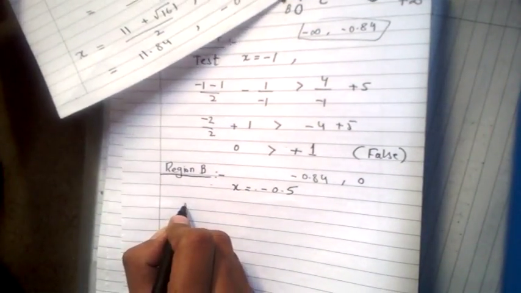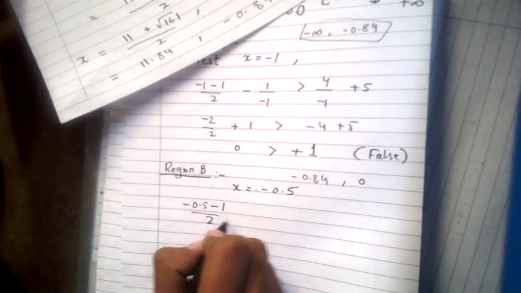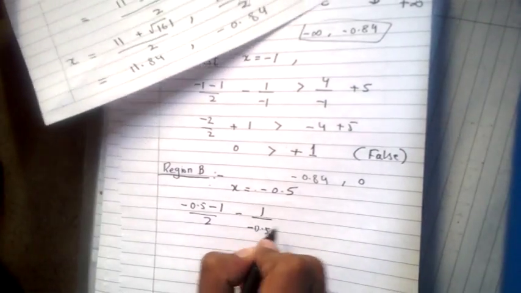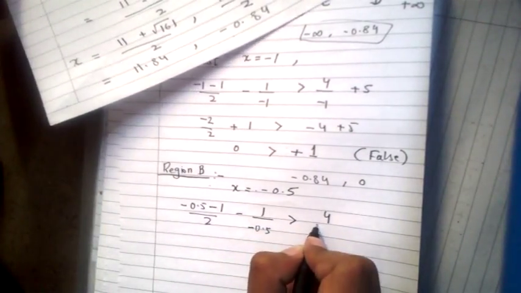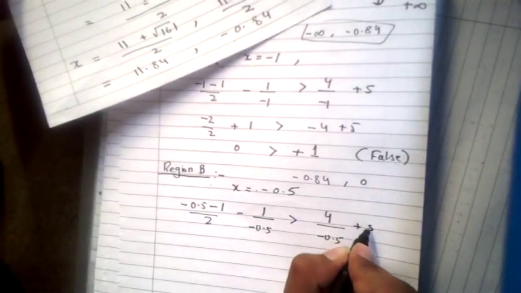x minus 1, that is minus 0.5 minus 1, divided by 2 minus 1 divided by x, that is minus 0.5, is greater than 4 divided by x, that is minus 0.5 plus 5.